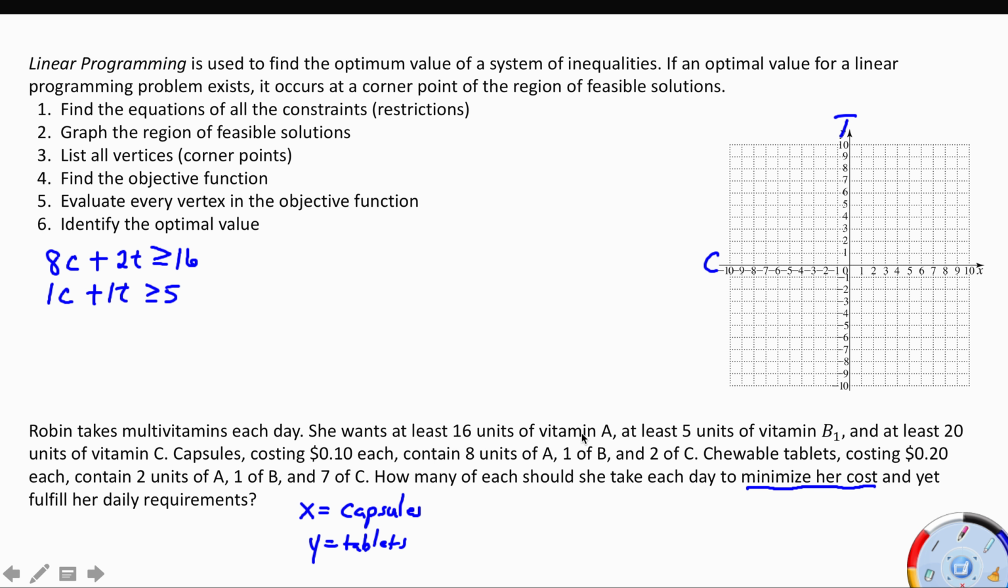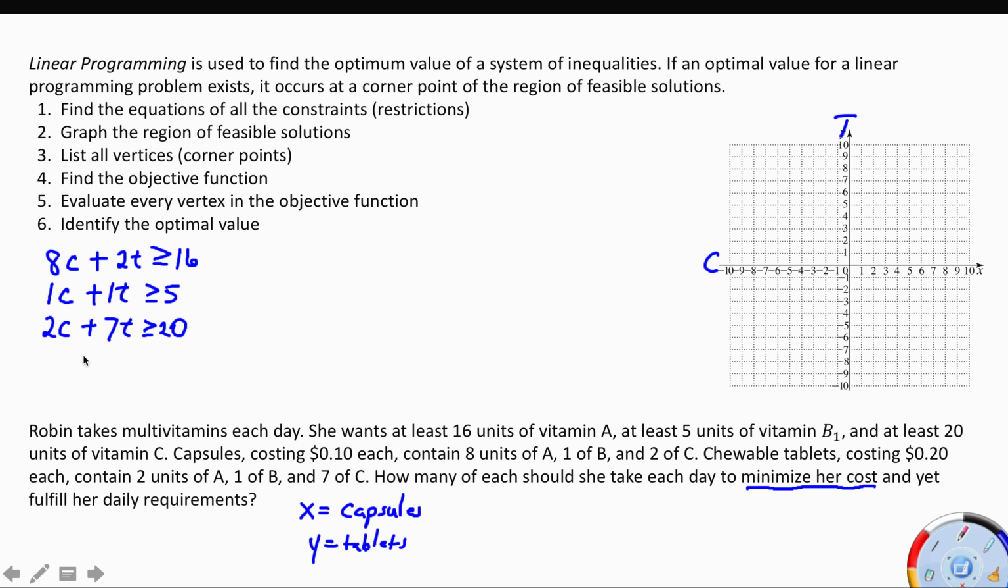The capsules contain 2 C. So 2C plus the tablets contain 7 C, plus 7T is the amount of C she's going to consume. And that needs to be at least 20. So greater than or equal to 20.